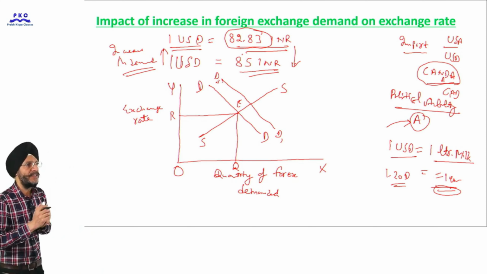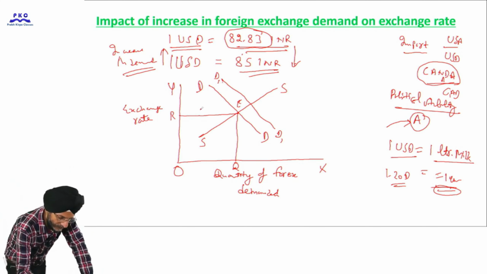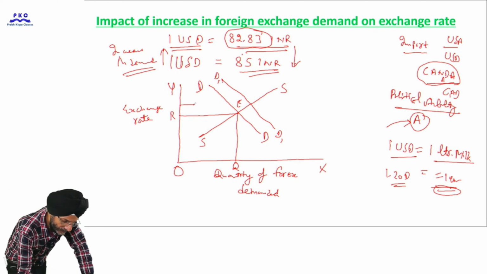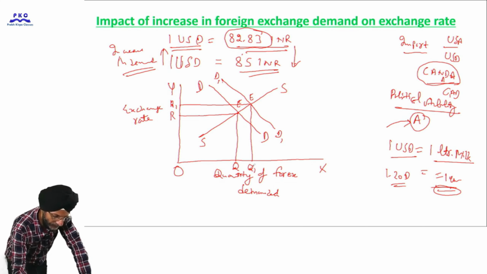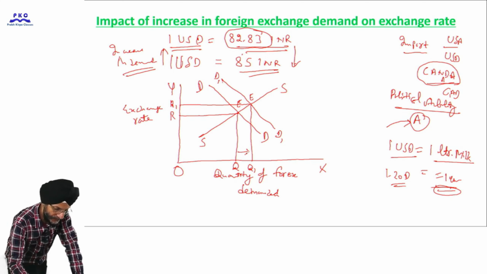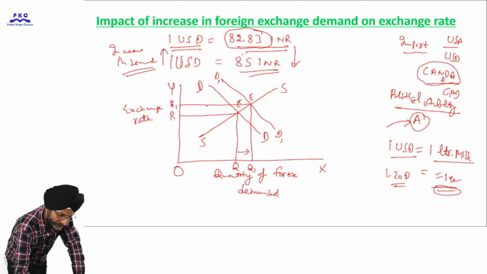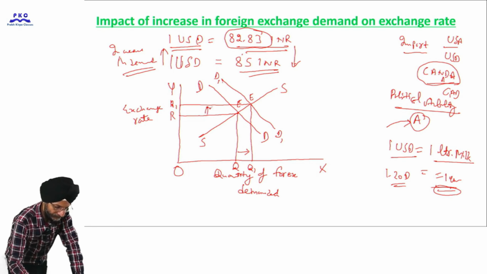The equilibrium point also shifts upward. So when quantity demanded has increased from OQ to OQ1, the exchange rate has increased from OR to OR1.